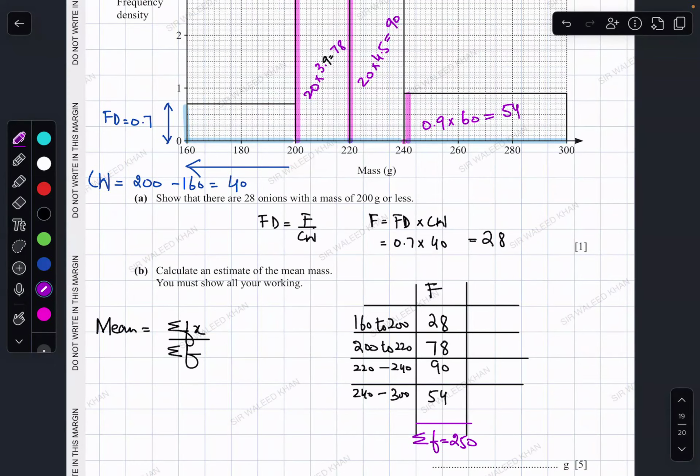Now, can somebody tell me, if we have a range form of data like this, such as 200 to 220 and 160 to 200, what do we do for the mean? Which value of x will I select?